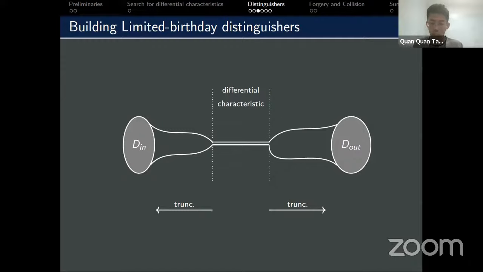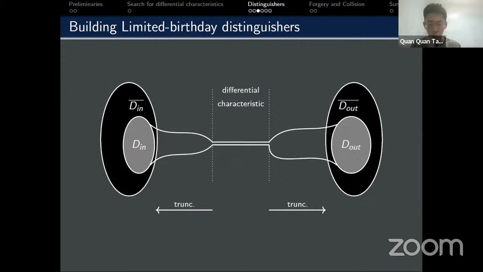If it's huge enough, we are unable to compute the size, which we need to see whether the cost of a generic distinguisher is larger or smaller. So in those cases, we turn to looking at the complement of the sets themselves. We find a lower bound for the sets of the complement, and this will give us an upper bound for the sets d_in and d_out. With the upper bounds, we can compute the cost of a generic distinguisher, and we compare with the ones that we have and see whether we will get a distinguisher out of it.